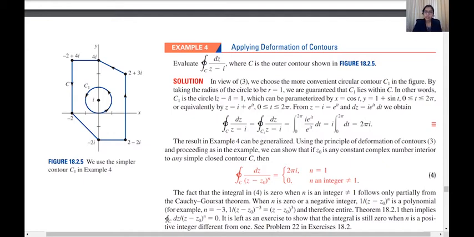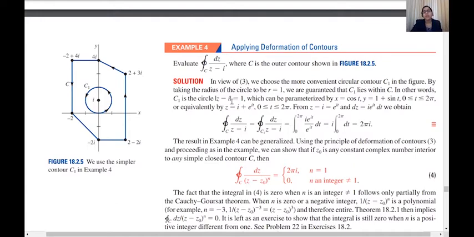So instead of that, I'm going to take a small circle which lies entirely inside the contour C, of radius 1 and center i. So this will clearly lie inside the given contour.